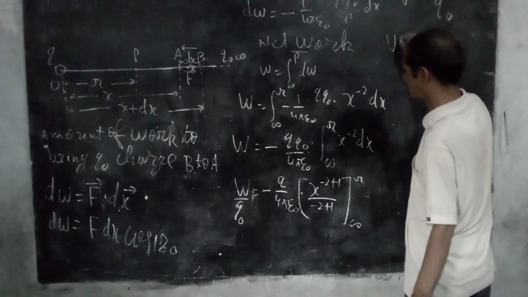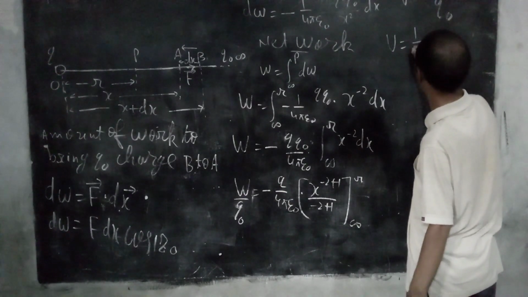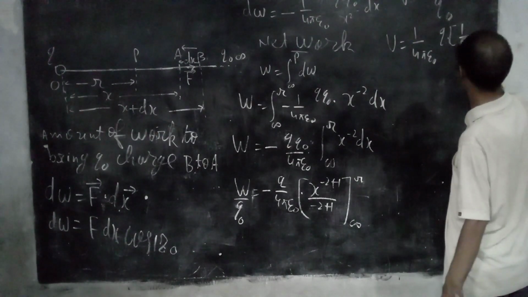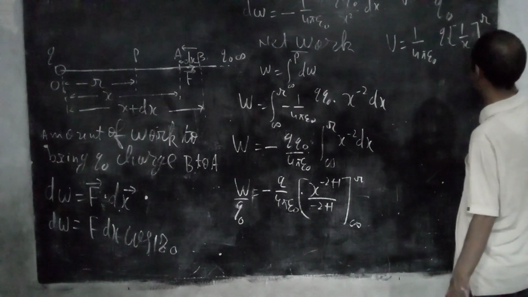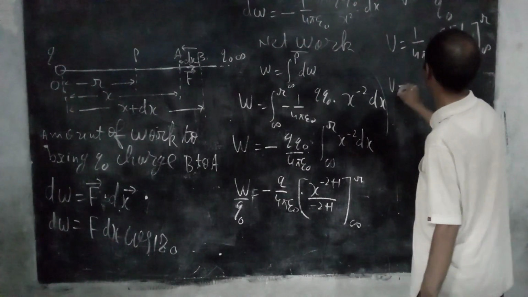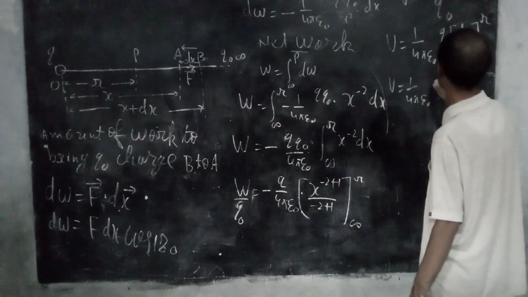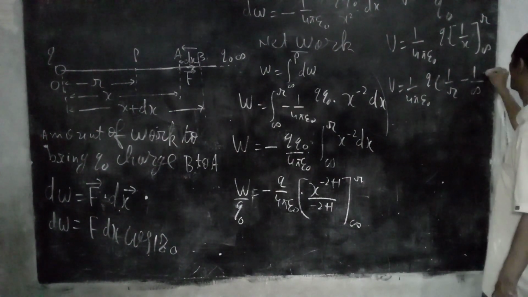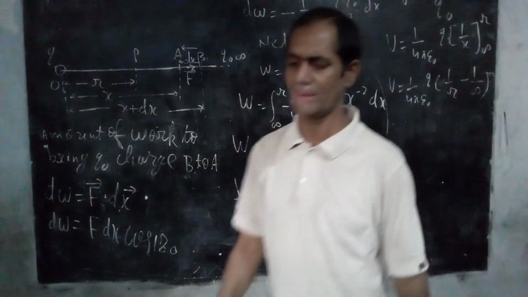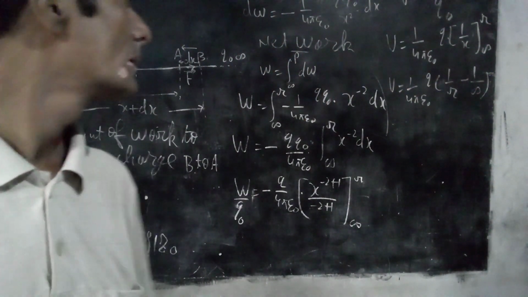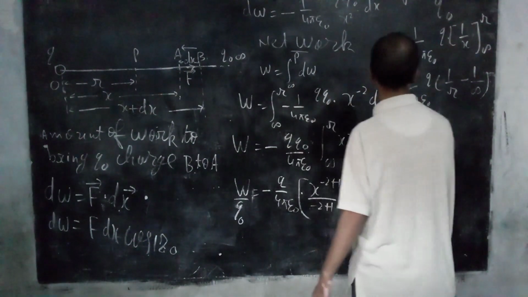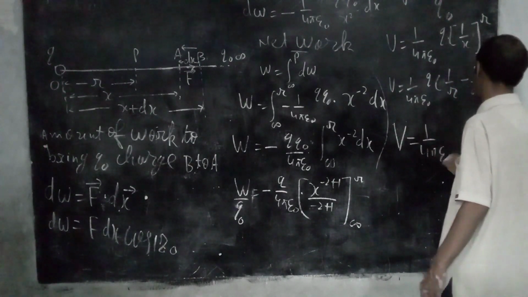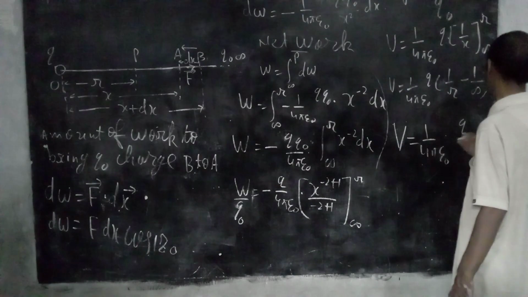So V equals 1 upon 4 pi epsilon naught Q into 1 by x from r to infinity, which gives 1 by r minus 1 by infinity. Since 1 by infinity is 0, V equals 1 upon 4 pi epsilon naught Q upon r.